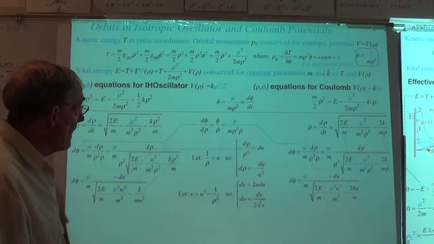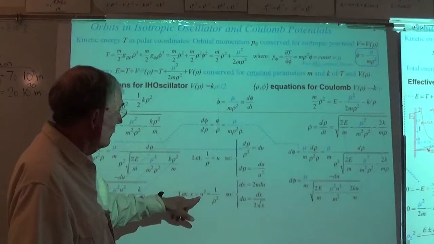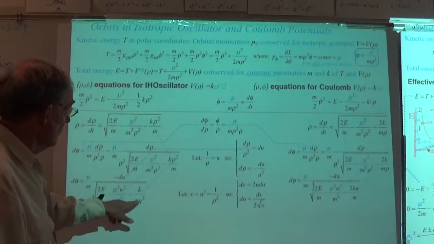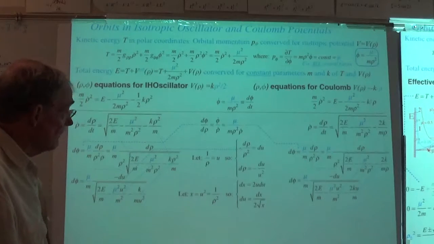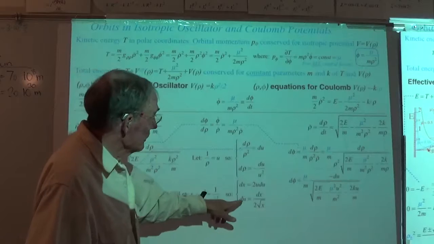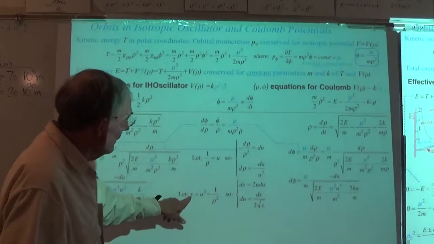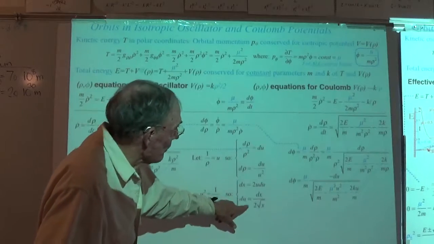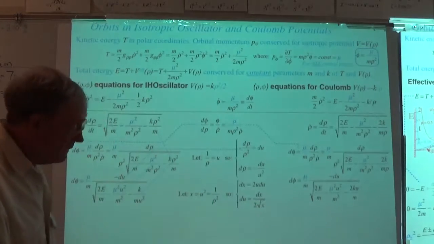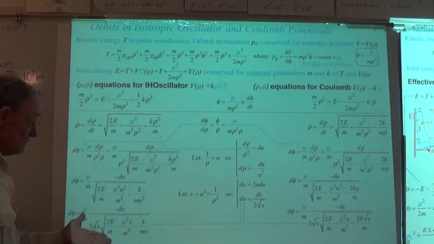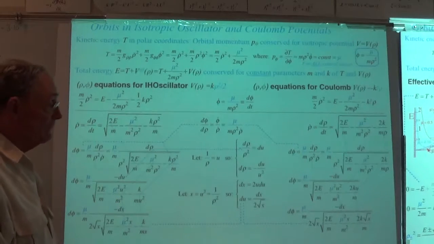And then if we're going to do 1 over rho, then u squared is 1 over rho squared. That's what we're actually dealing with right here. And that means you can make a variable change right there if you just let x equal u squared. So it's one more change of variable to get equations that will be integrable by some nice formulas.